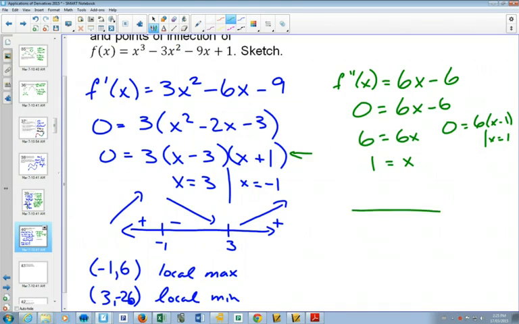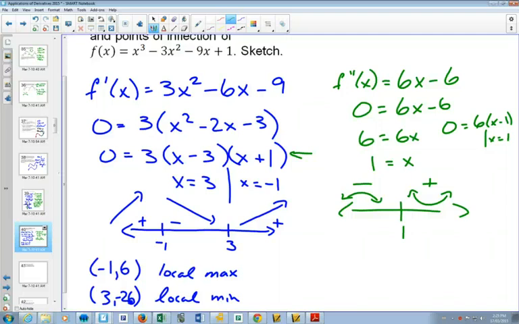So now we've got x equals 1. 1 isn't one of our local mins or our local maxes. And if we check a number less than 1 in the second derivative, like negative 5, we'll get a negative number. So this is concave down. And if we check after 1, we'll get a positive number, which is concave up.